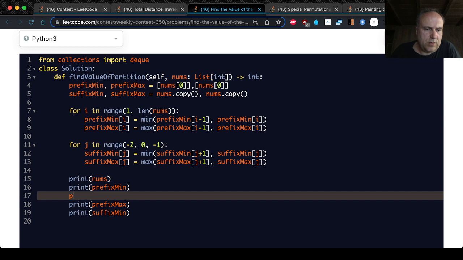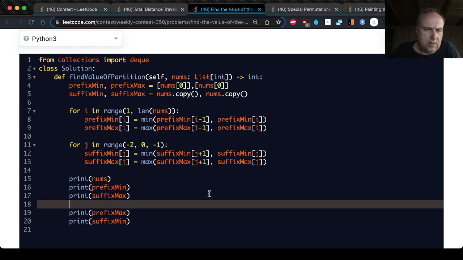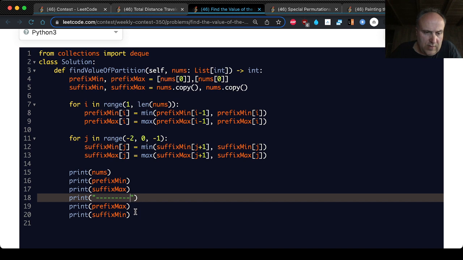So it's going to print suffix max, and then print prefix max, suffix min.